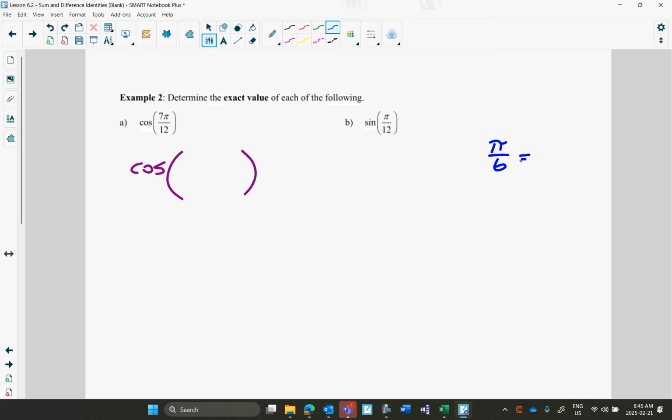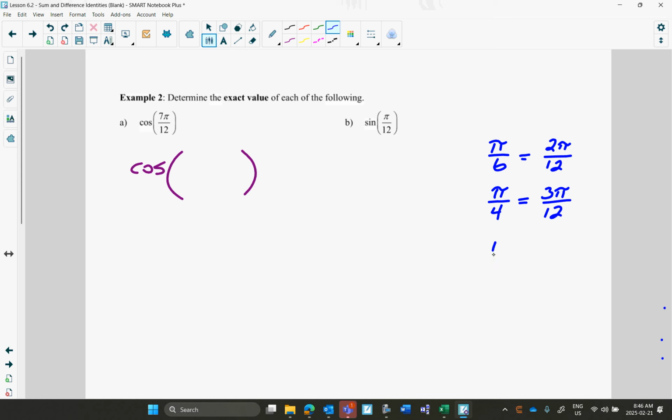What is pi over 6 over 12? 2 pi. Give me another one. Pi over 4. What's that? 3 pi over 12. Well, no, if I add those two together, it's not going to give me 7.